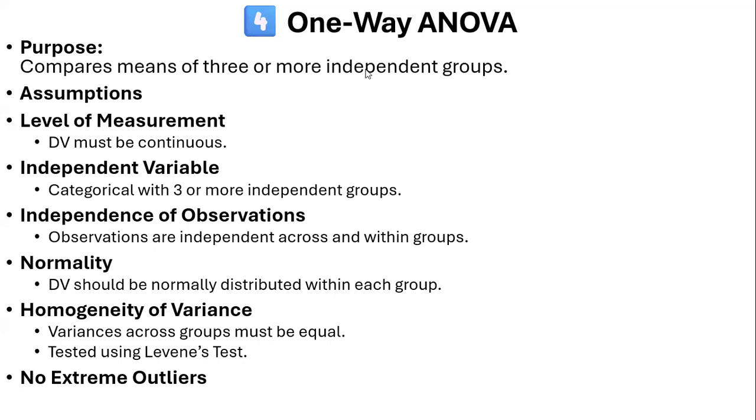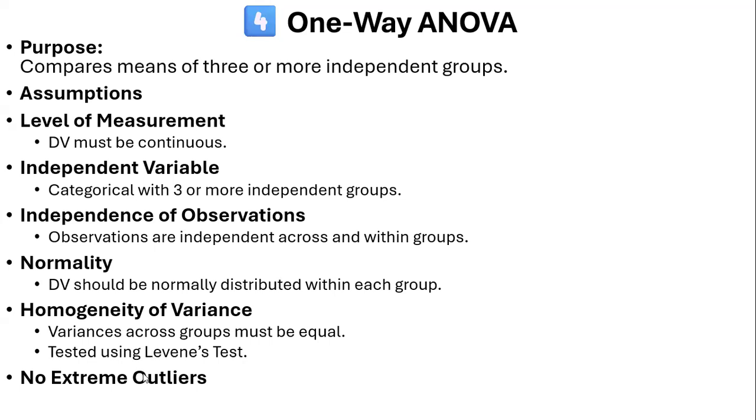Then independence of observation. So measures of the variables across the groups should also be independent of each other. It shouldn't come across that one of the participants is attending GCTU, Legon, and Ashesi University at the same time, and is also filling the questionnaires across. If it happens that way, then we have violated the independence of observation.